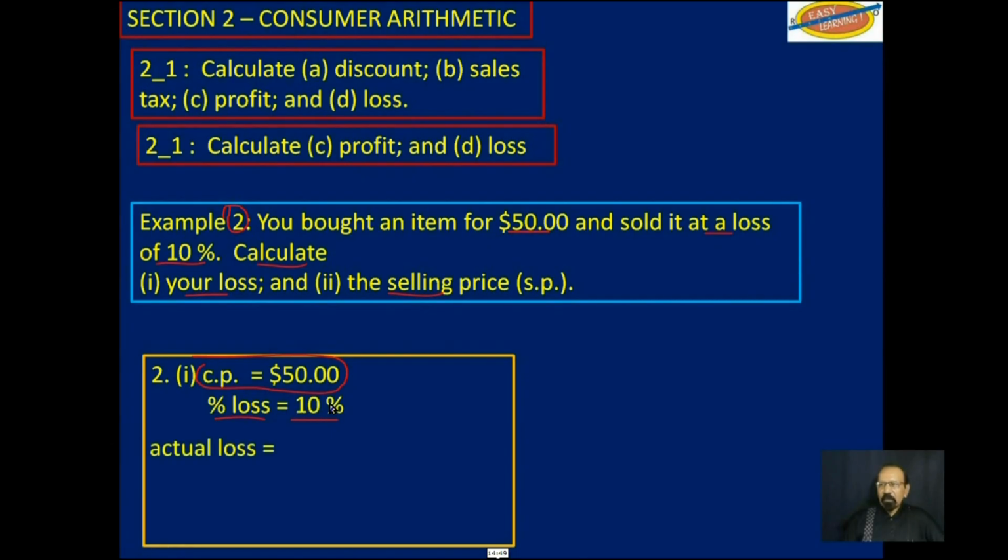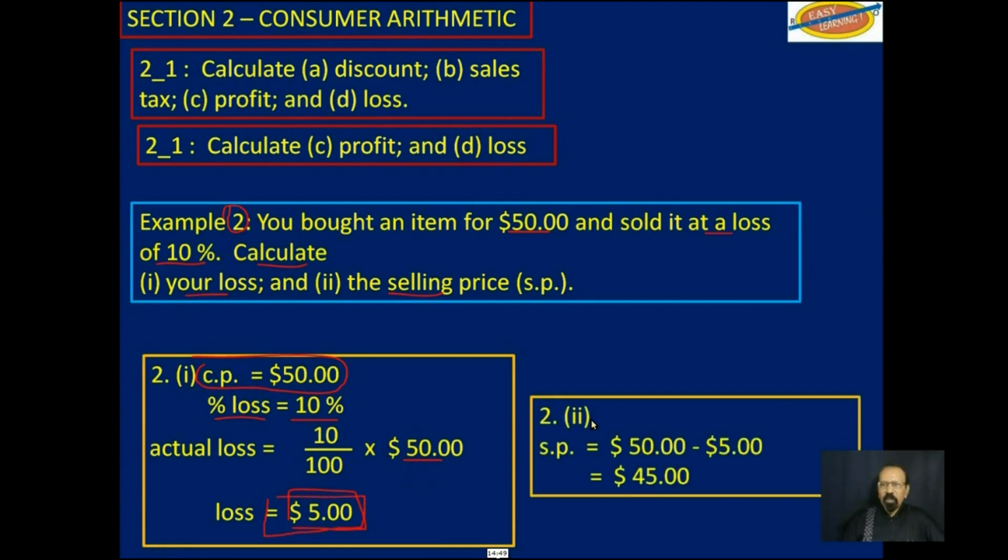So let's find 10% of your cost price, which gives us $5. So this is common sense now. If you bought it for $50 and when you sold it, you lost $5, how much did you sell it for? Obviously, 50 minus 5, and you sold it for $45. So the selling price is $45.